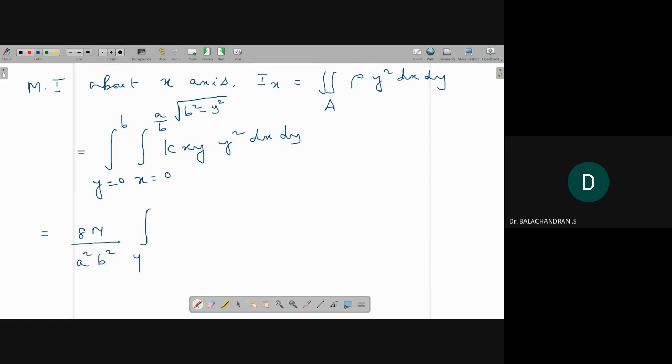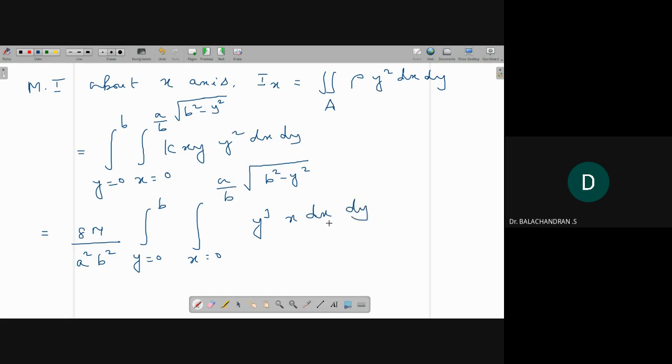8m by a square b square, double integral y equal to 0 to b, x is equal to 0 to a by b into root of b square minus y square into x y cube. So y cube into x into dx into dy.